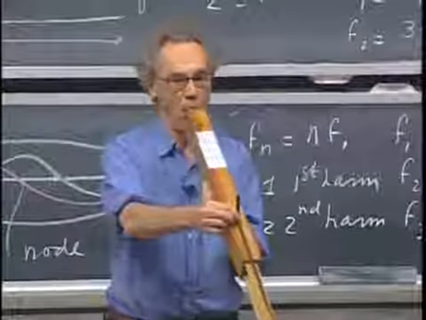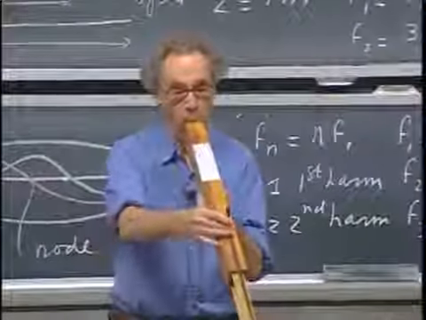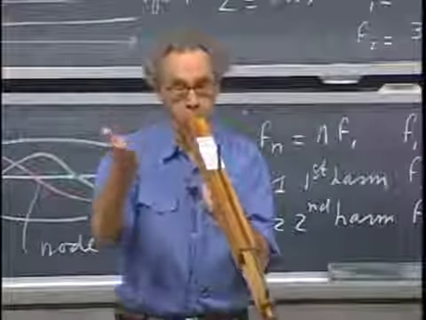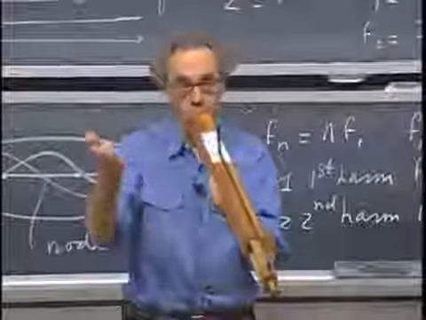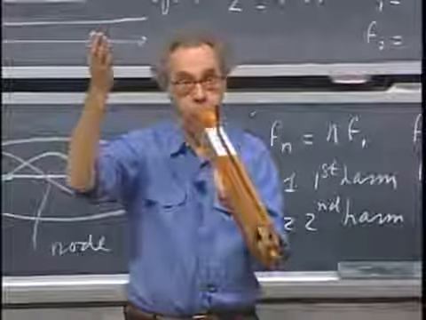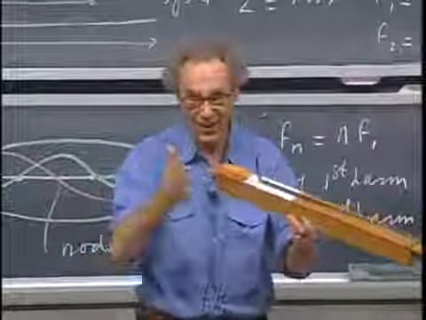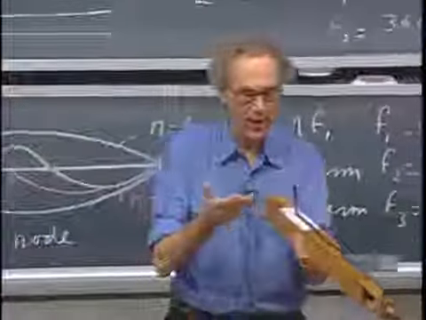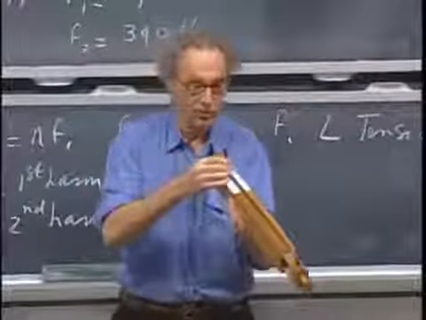And when I have it here, so you see it's directly related to the length of this trombone. And if you learn how to play, you can try to play a tune. I'll try.